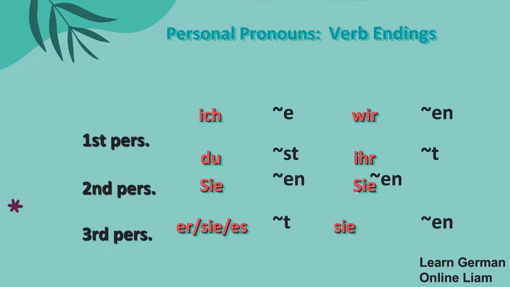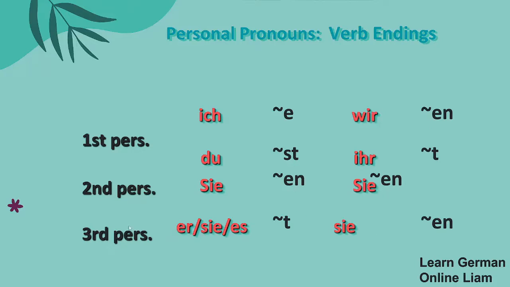Again the Sie form, easiest way to remember. And again third person plural: if I'm going to talk about many small boys and girls, then I'll use sie, plural form, en. So four of them get the ending en, easiest way to remember.